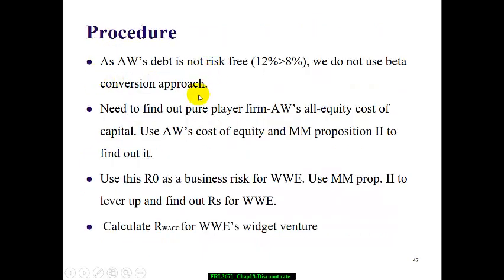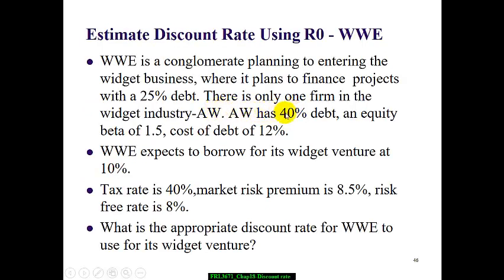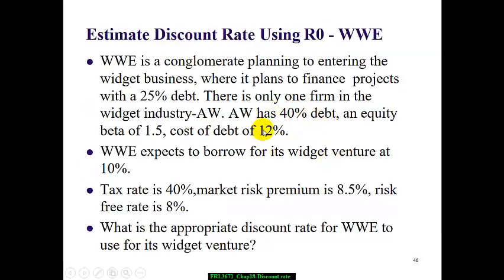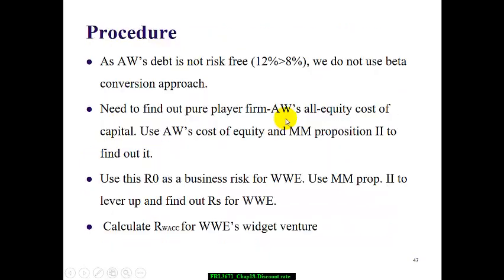So step 1, we will find out AW. This is our pure play company. Find out what the cost of equity is for AW, given AW's debt 40%, equity 60%. So we will use the CAPM model with beta 1.5 to figure out AW's cost of equity. Then use Proposition 2 to figure the cost of unlevered equity, R sub-zero.